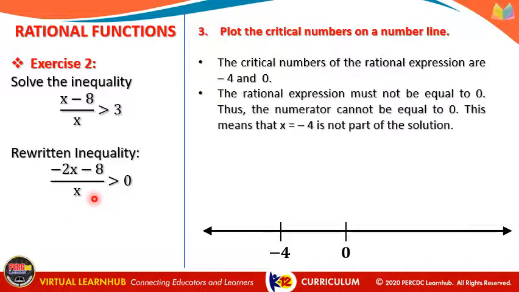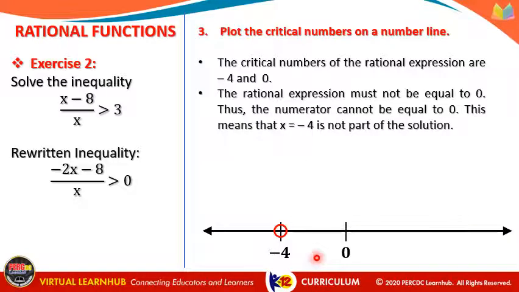So, again, the rational expression must not be equal to 0. Thus, the numerator cannot be equal to 0. Therefore, negative 4 is not part of our solution. So, hindi pwede si negative 4 kasi hindi pwede na maging 0 yung inequality natin. Since hindi pwede yung negative 4, ang ilalagay natin kay negative 4 ay hollow circle.